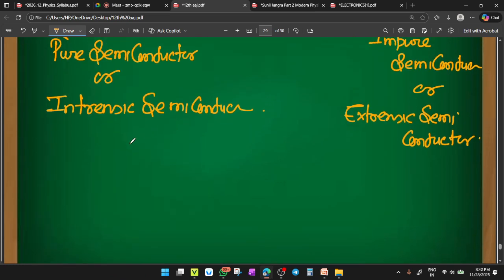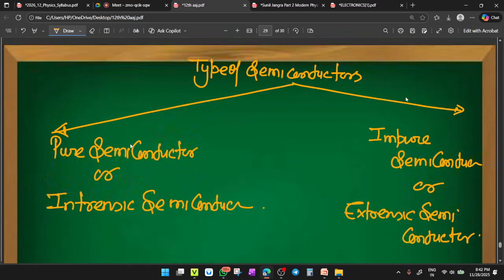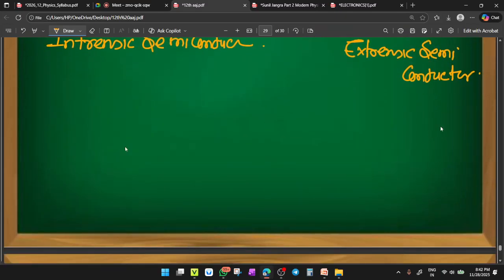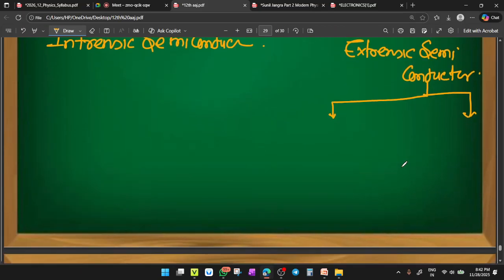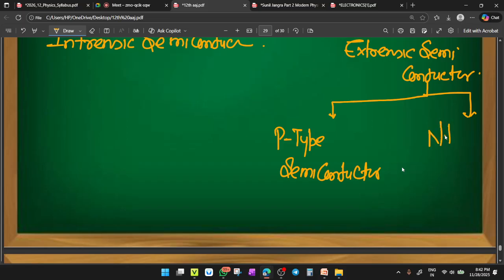In an intrinsic semiconductor, there is no impurity, and in an extrinsic semiconductor, there is an impurity. So what type of impurity are you mixing here? There are two classifications of impure semiconductor. One is called P type semiconductor and another is N type semiconductor.